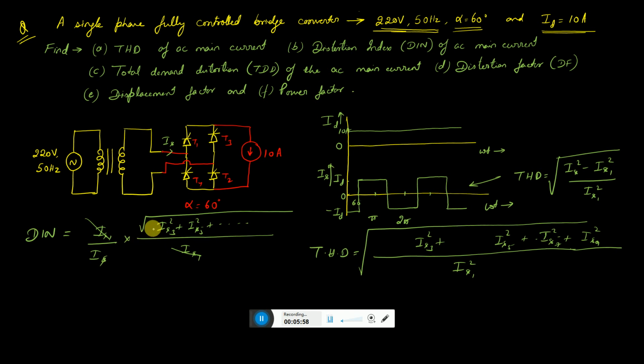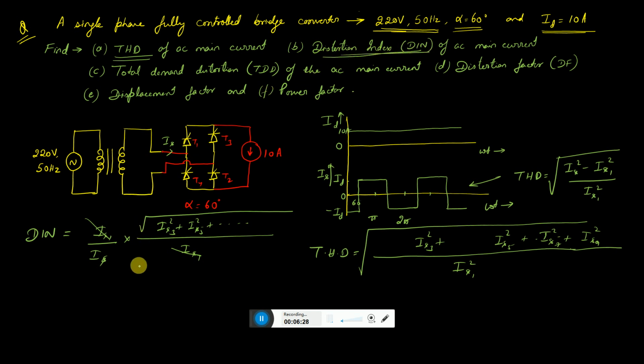That means I am taking the ratio of the root of the sum of all the harmonics squared divided by the total current Is. When I divide it by the total current Is, it is the distortion index. And when I divide it by the fundamental current, it is THD. That's the difference between the THD and the distortion index DIN.